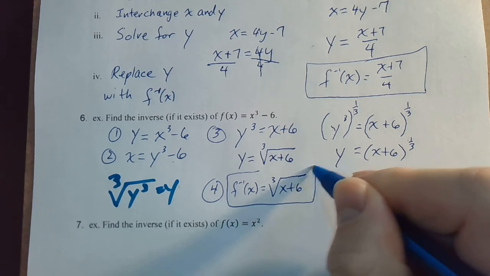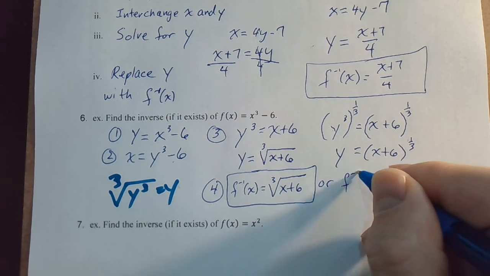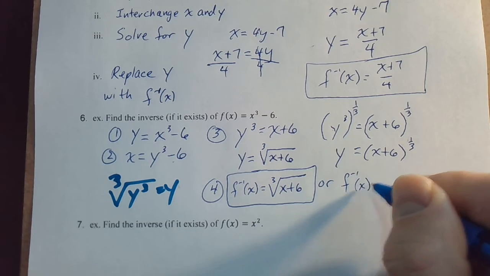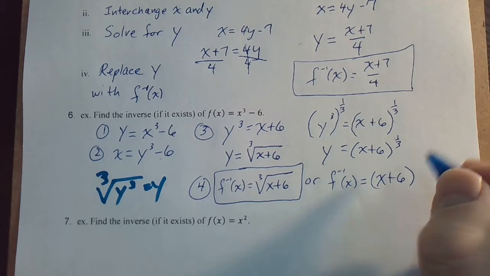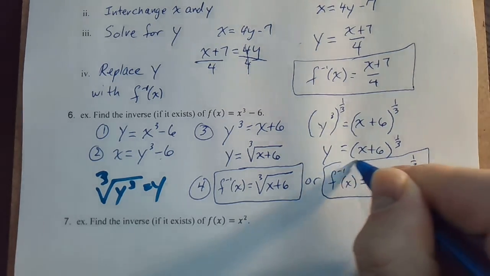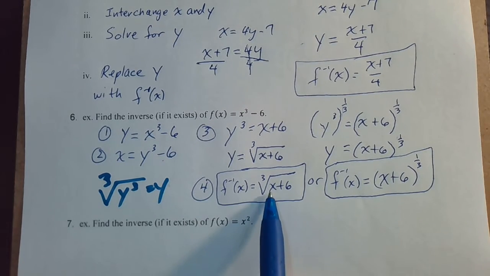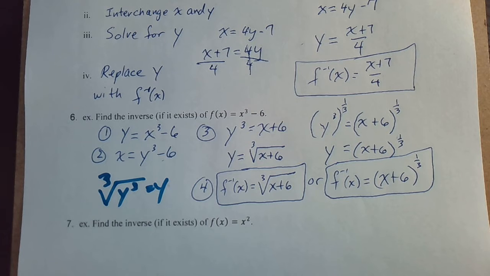So we can write the answer like this, or another way of writing it is f inverse of x equals (x plus 6) to the 1/3 power. These are equivalent. Both are perfectly acceptable, whichever you prefer, radicals or rational exponents.